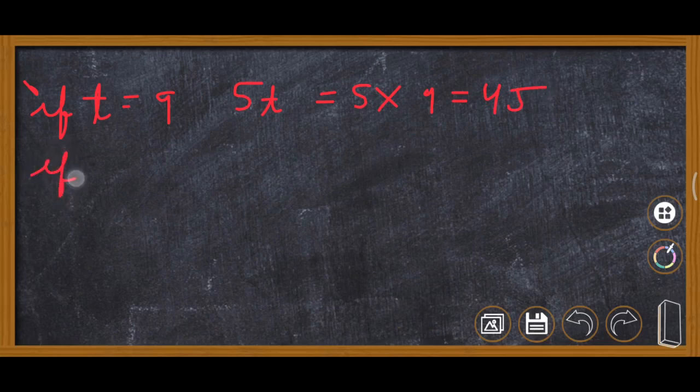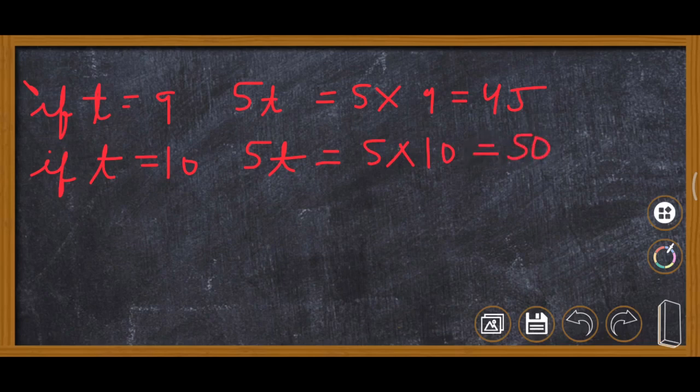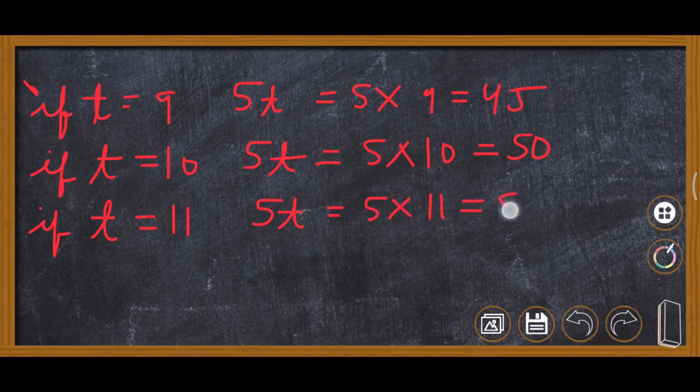If t is equal to 10, then 5t is 5 tens, which is 50. If t is equal to 11, then 5t is 5 into 11, which is 55.